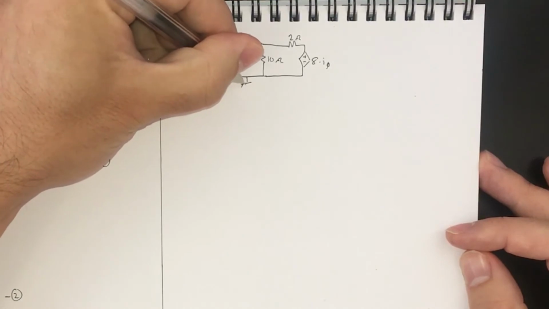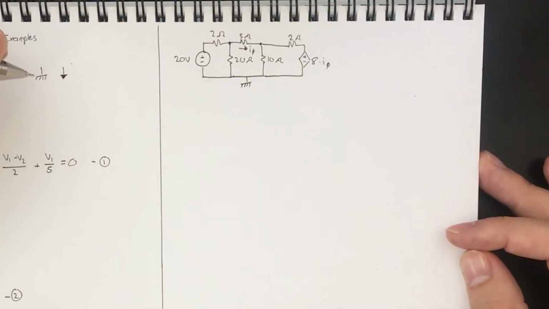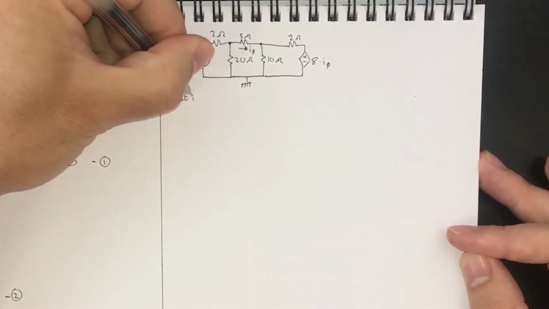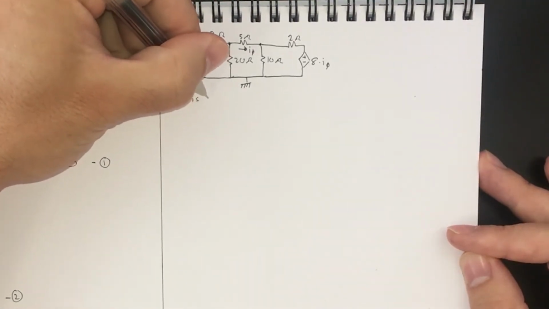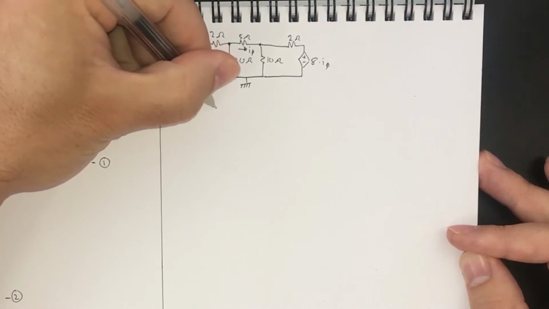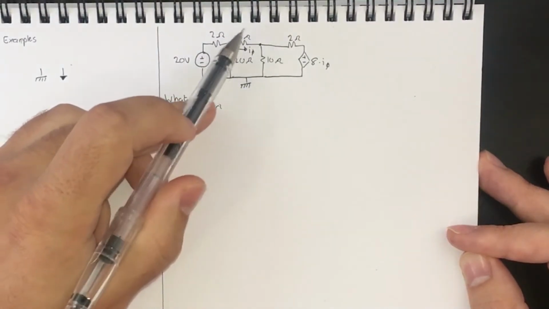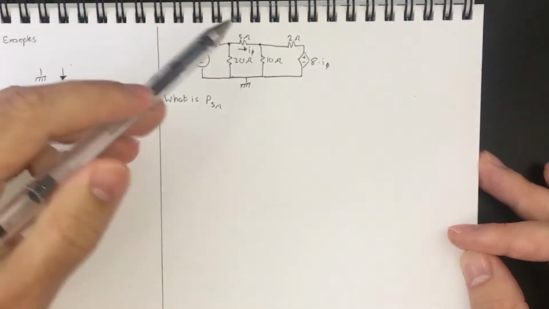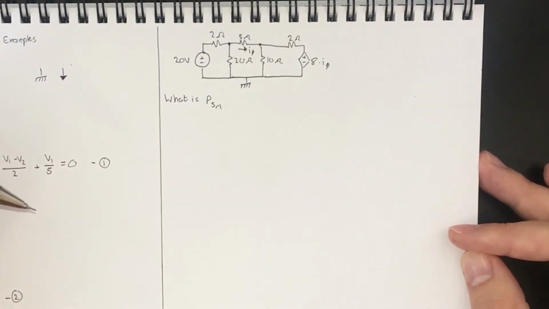As always, we must define the reference ground voltage, and the question is, what is the power dissipated in the 5 ohm resistor? So this is the power flowing through this 5 ohm resistor.